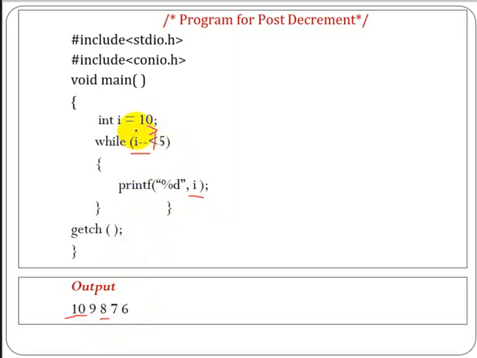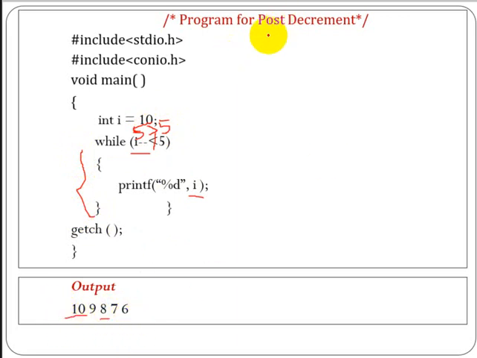When it reaches 5, it's going to be equal. So at that time i is not greater than 5, isn't it? So after 6 we will get a 5, and at that time it will terminate from this while loop. So we will get 10, 9, 8, 7, 6.